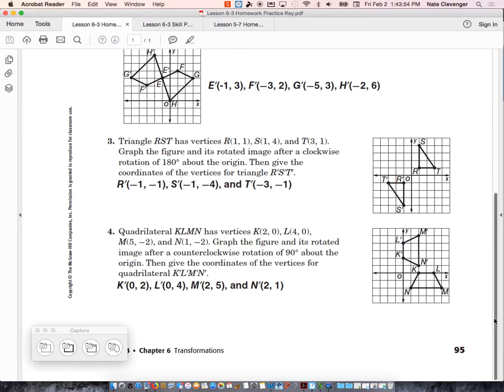Number 4 is K prime is 0, 2, L prime is 0, 4, M prime is 2, 5, N prime is 2, 1. This page has a total of 23, for a total of 40.